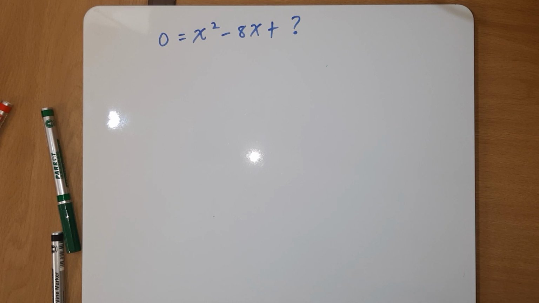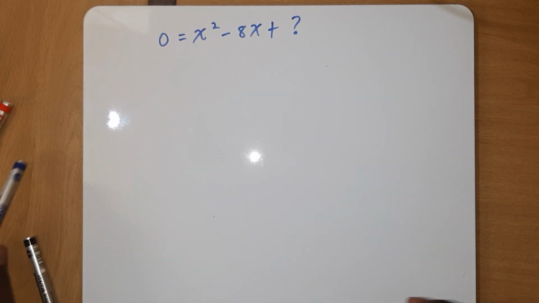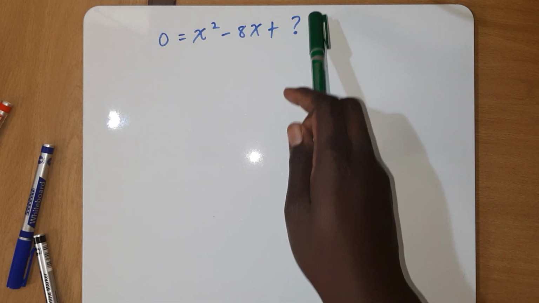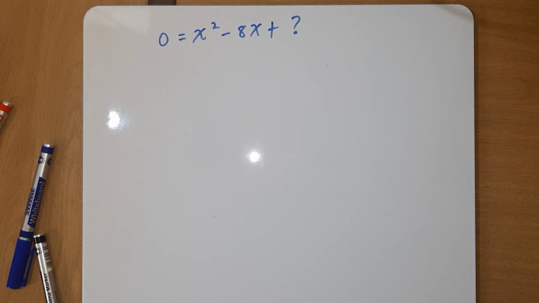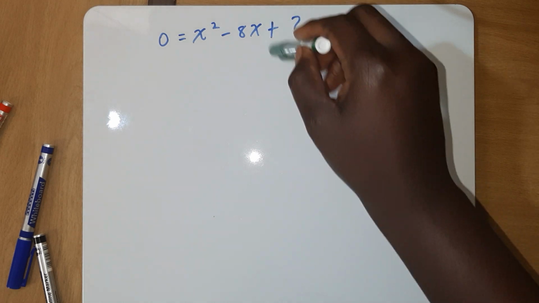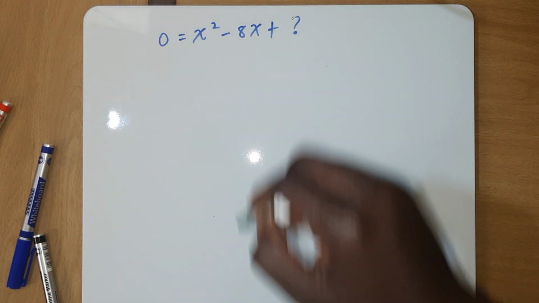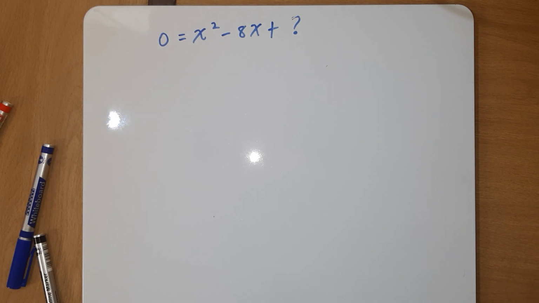So given this equation, 0 equals x squared minus 8x plus what we don't know. If we were asked what we would put here to complete the square, what would we do?